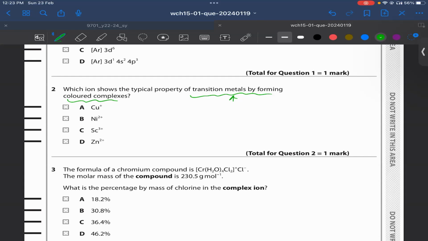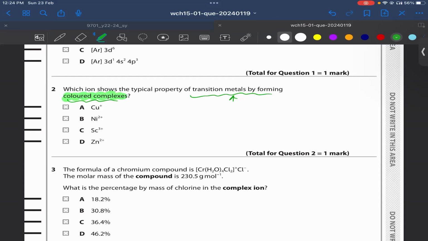A, Cu plus, B, nickel ion, C, scandium 3 plus, or D, zinc 2 plus ion? Is it zinc? Sure. Typical property of transition metals by forming colored complexes.